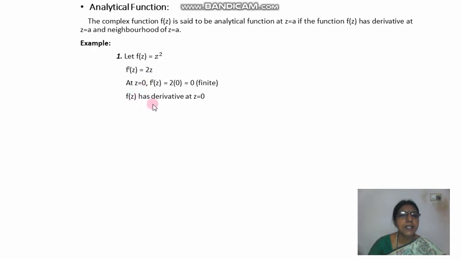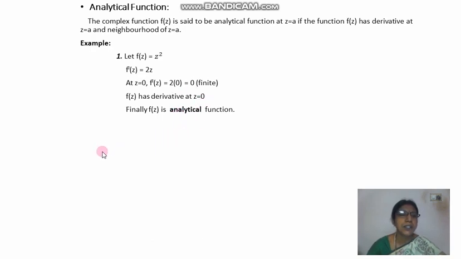Then what is the conclusion? Finally we say f of z is an analytic function. So f of z is z square, its derivative is 2z, at z is equal to 0 f dash z is 0, which is finite, so the derivative exists at z is equal to 0. By definition the function is analytic at this point.